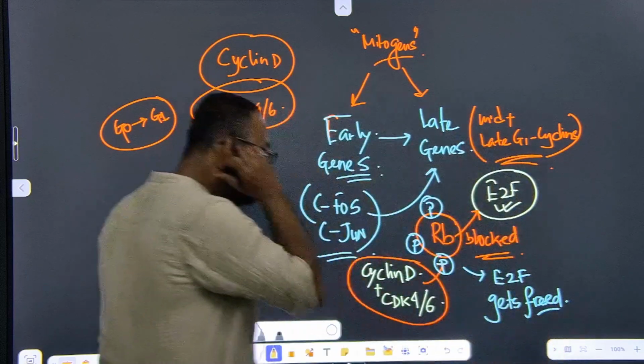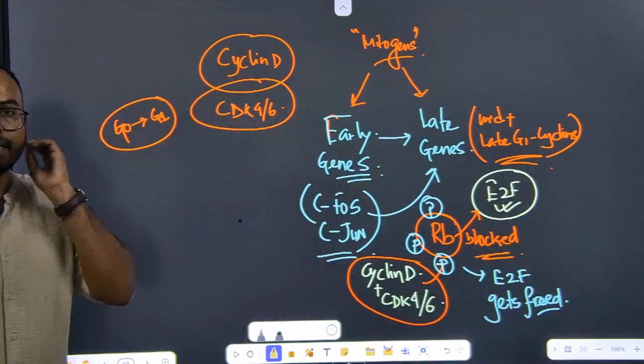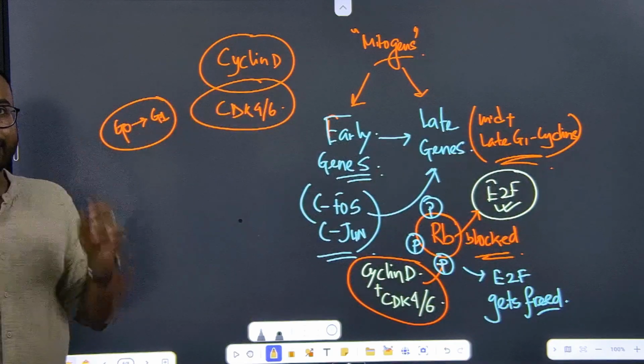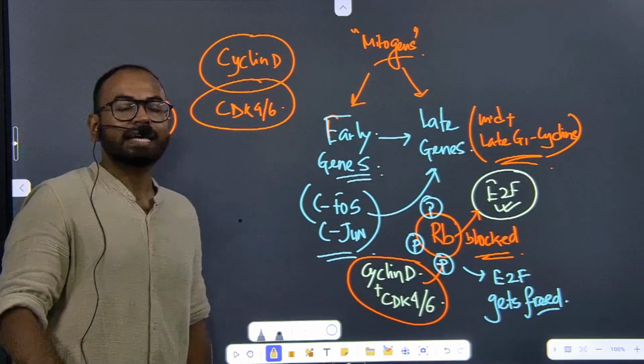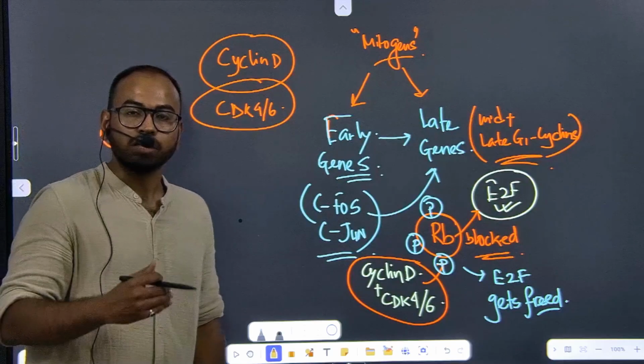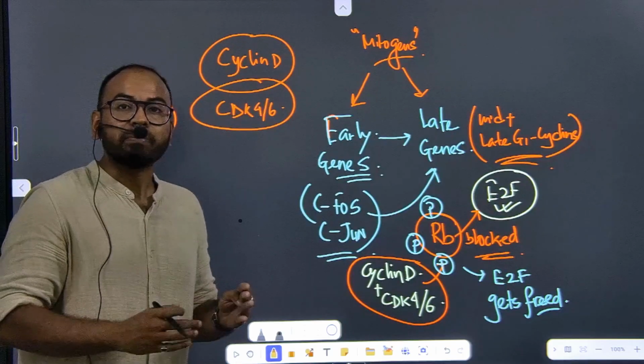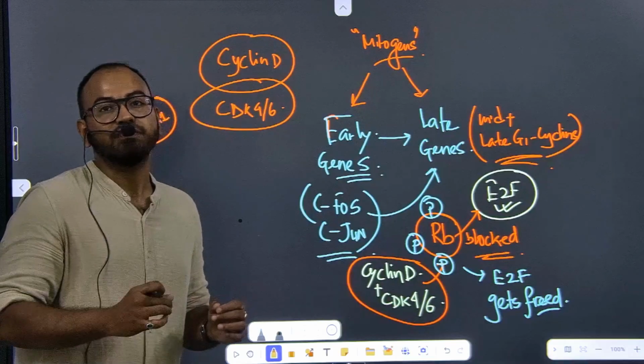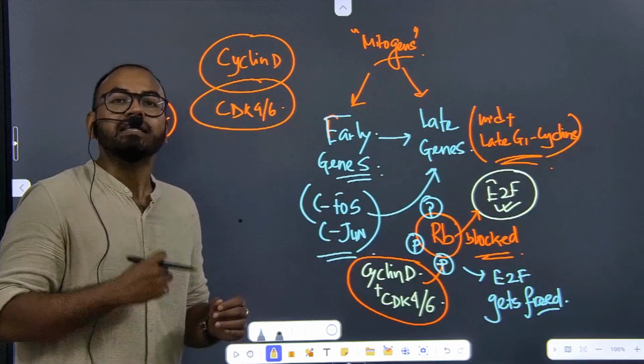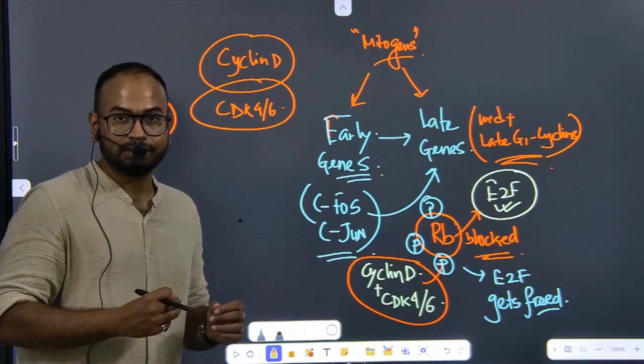And if E2F gets freed, then the mid and the late G1 cyclins can easily perform their function of transcription, and they can prepare themselves for S phase.